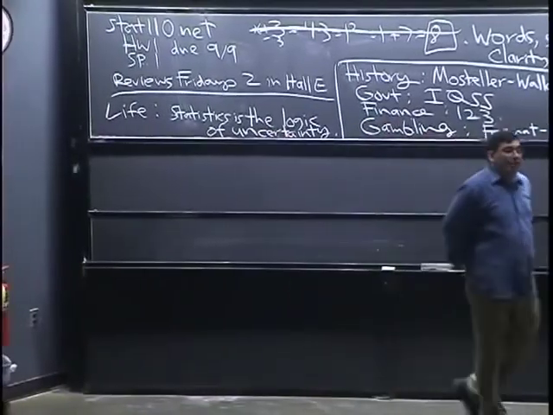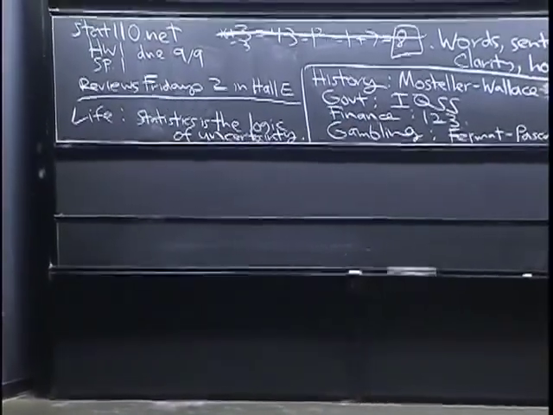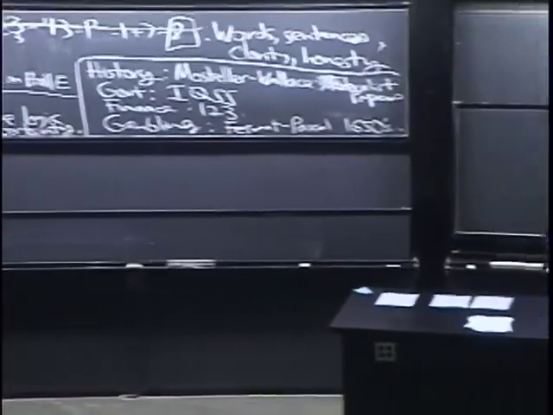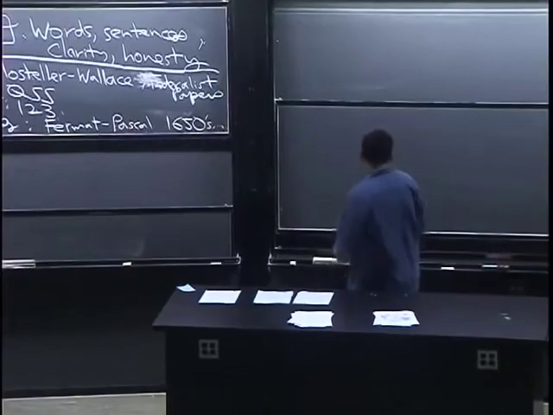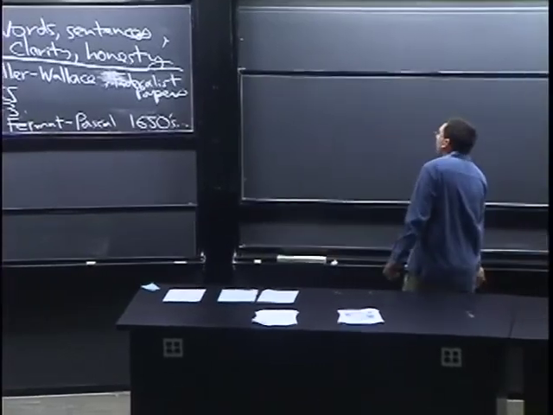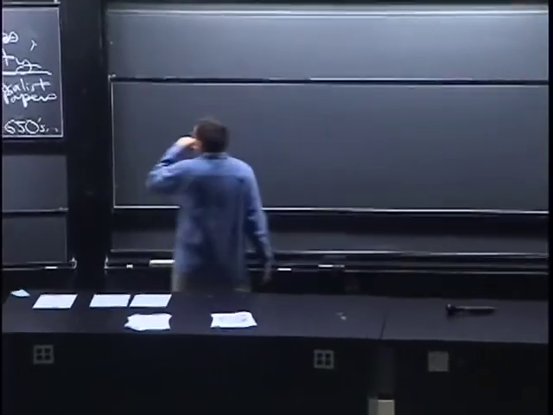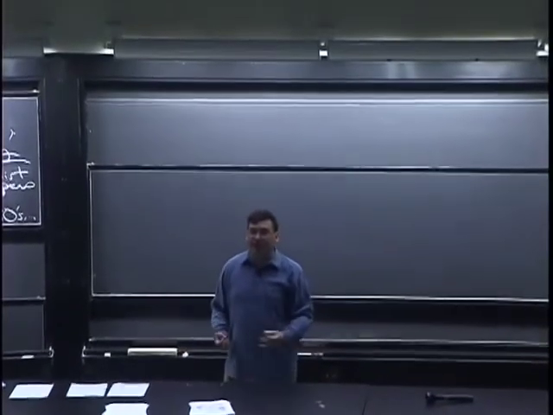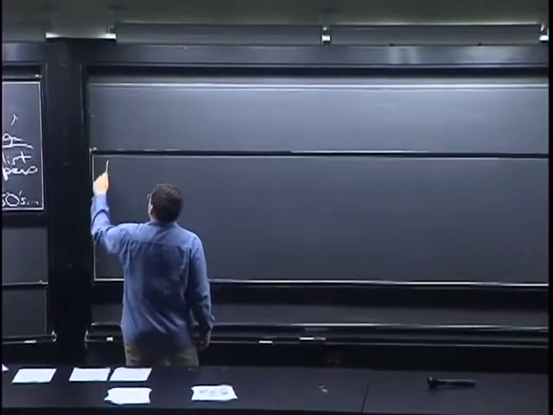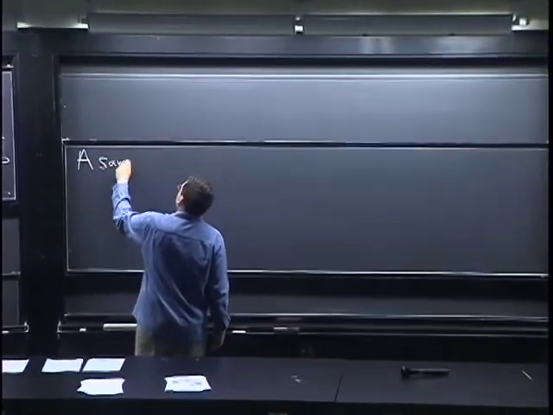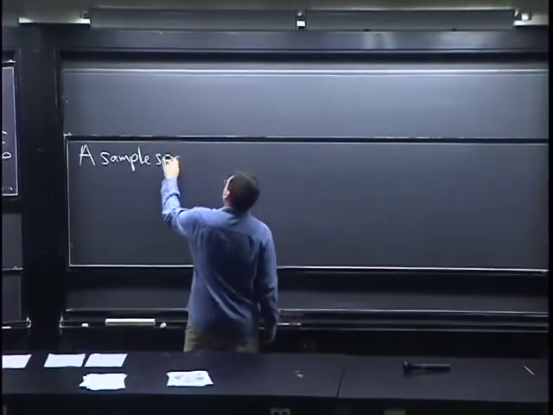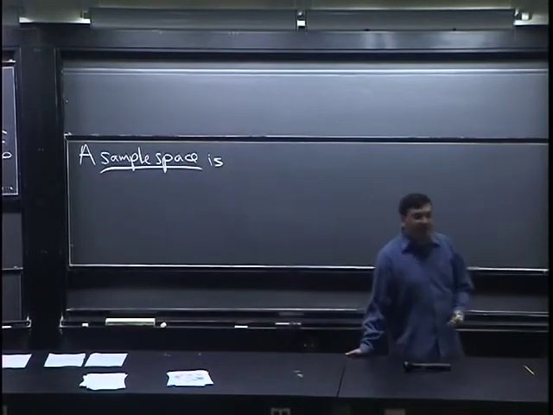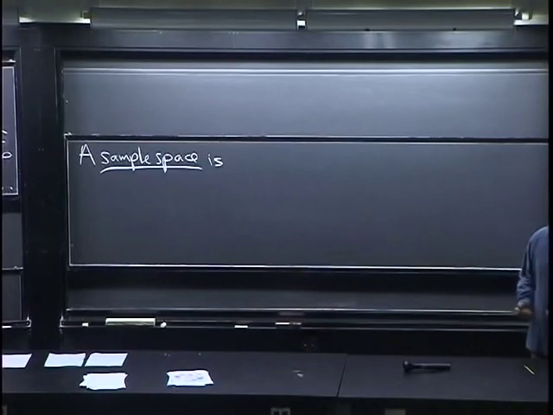All right, so now we can get to the naive definition of probability, which was the origins of the subject. Let me tell you what a sample space is first, then I'll give you the naive definition. So a sample space just means the set of all possible outcomes of some experiment.